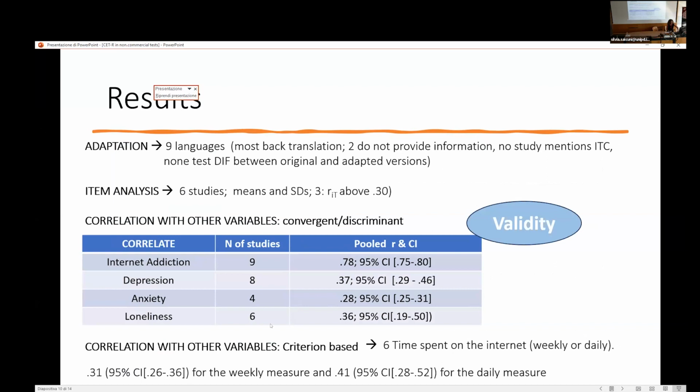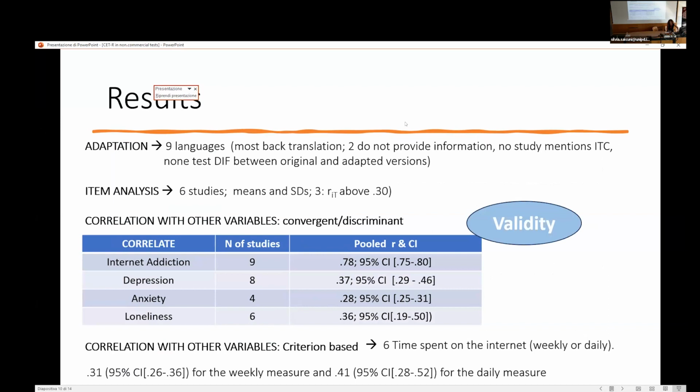Well, when we moved to the results, we were considering any adaptation to any language. We found that the test was translated and adapted to 9 languages. Most of them were using back translation processes, even if 2 of them did not provide information about how they did the process.